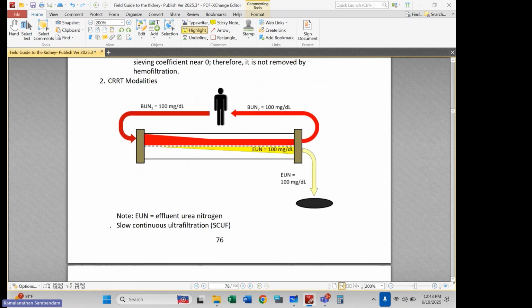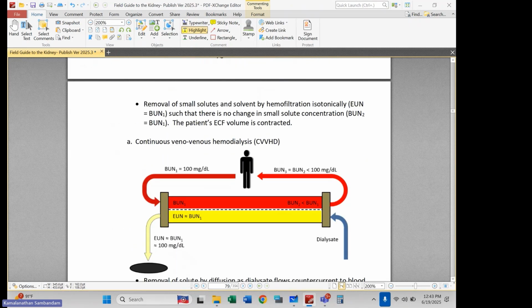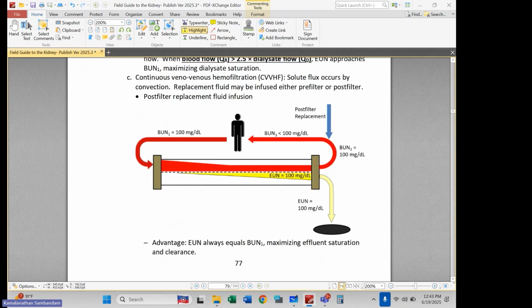So here is an example of convective clearance. Okay. In this model of convective clearance, I have a blood urea nitrogen concentration that may be 100 milligrams per deciliter. I move that blood through the blood compartment. I apply a transmembrane pressure across that membrane. That pressure pushes fluid across that membrane.